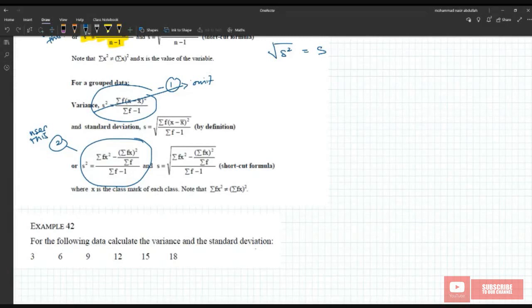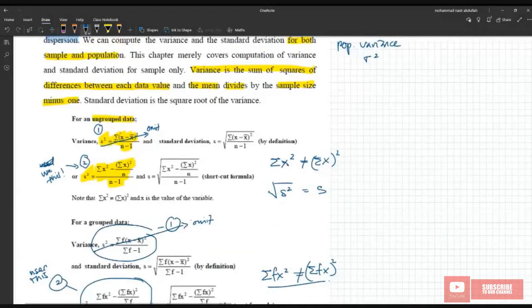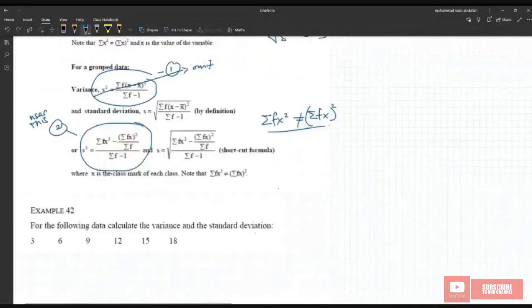The formula is the summation of fx squared minus (summation of fx) squared divided by the summation of f, all divided by the summation of f minus 1. Again, the summation of fx squared is not equal to the summation of fx, squared. It's totally different. So when you have a frequency table, you need to use this formula, and if you have ungrouped data, you need to use the formula for ungrouped data.